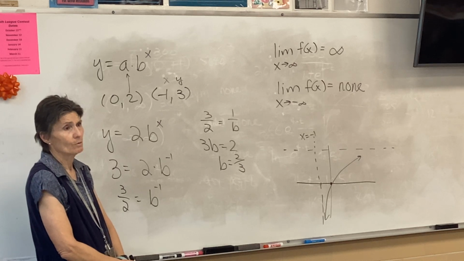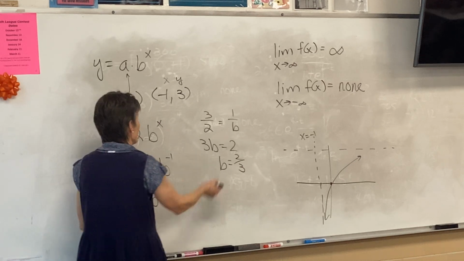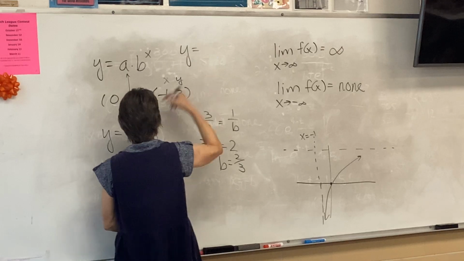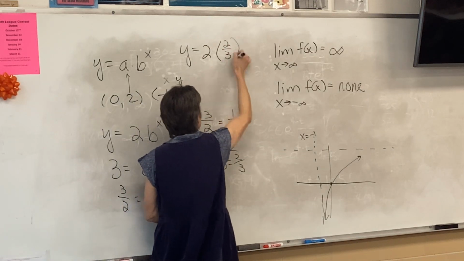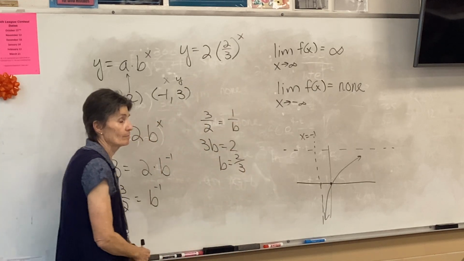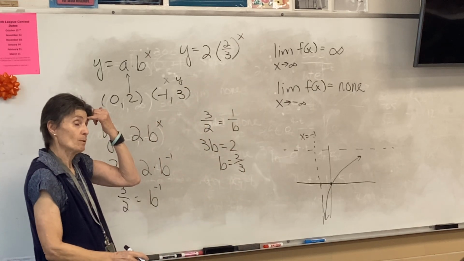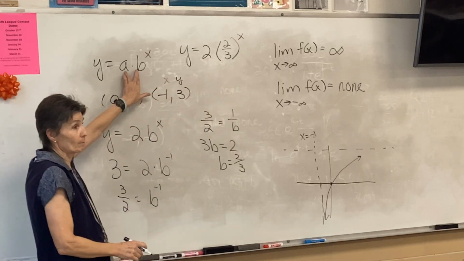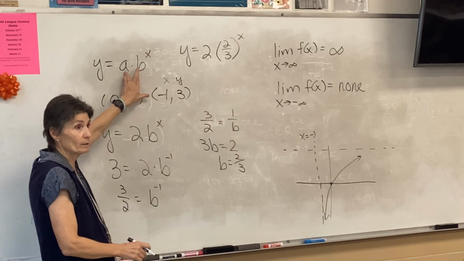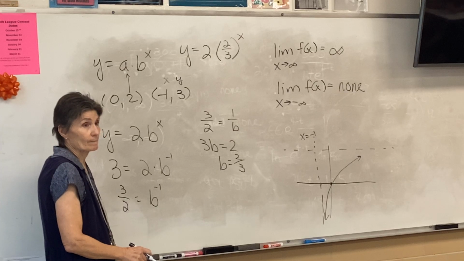So my answer, y equals 2 times 2/3 to the x. And remember, we never, ever, ever combine these. They are separate numbers. Don't ever put them together. Okay?